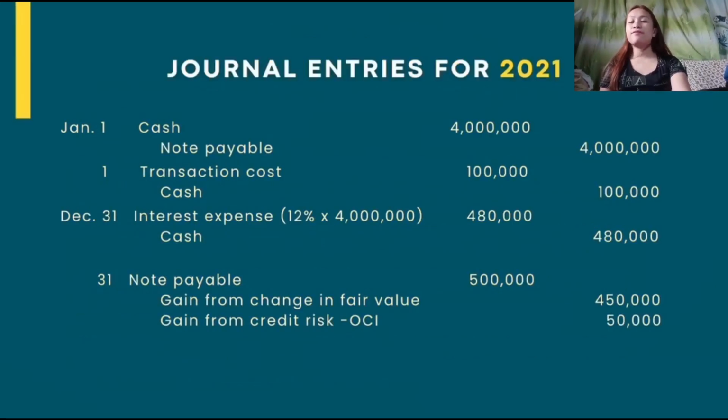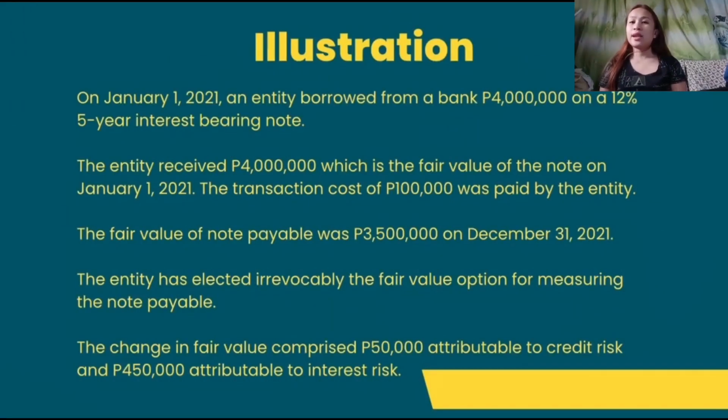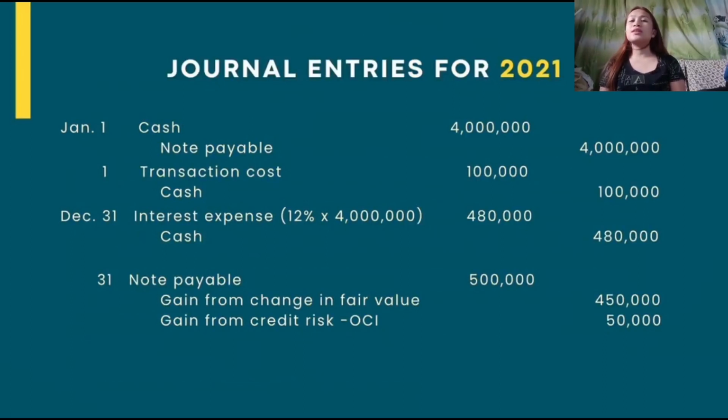Here are the journal entries for the illustration for 2021. On January 1, we debited cash 4 million and credited note payable 4 million. Another entry is we debited transaction cost of 100,000 and credited cash 100,000. On December 31, 2021, we debited interest expense 480,000 and credited cash 480,000.